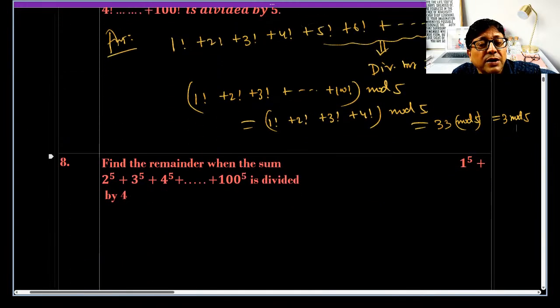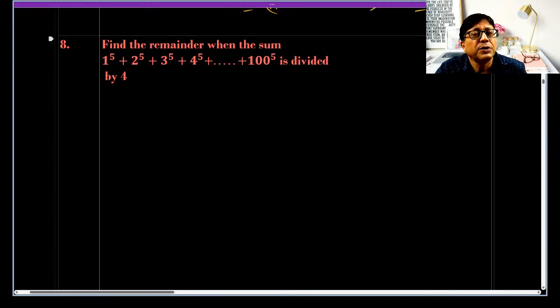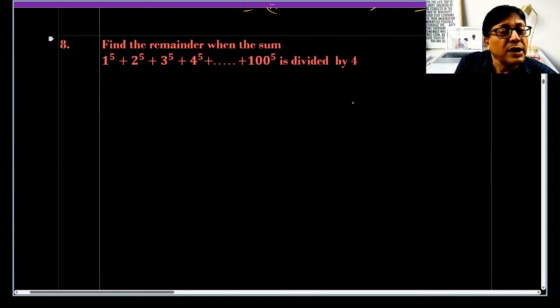Go for next one. Find the remainder when 1 to the power 5, 2 to the power 5, 3 to the power 5, 4 to the power 5, up to 100 to the power 5 is divided by 4. How do you proceed with this sum? Let us go step by step.